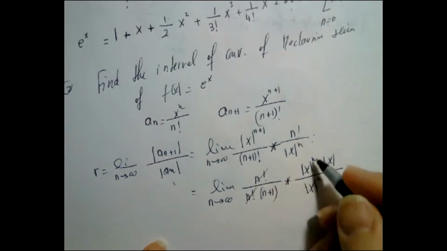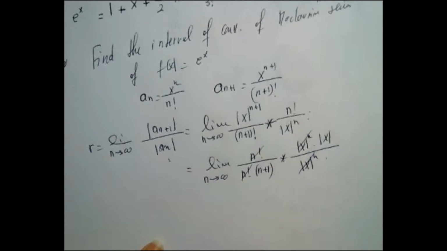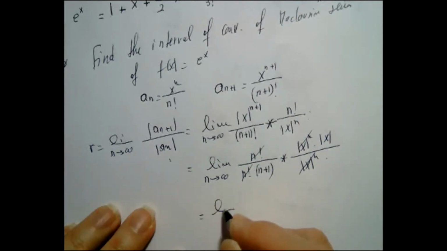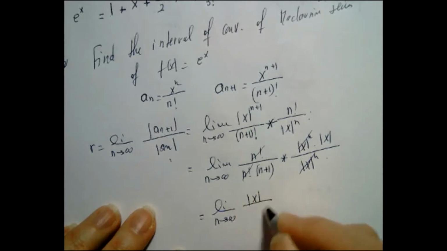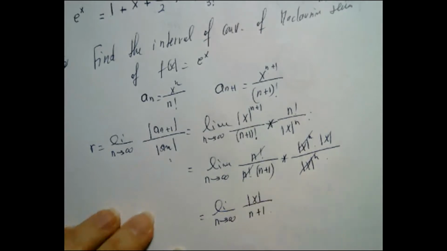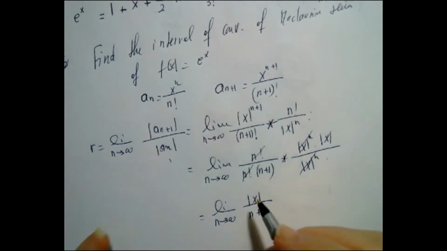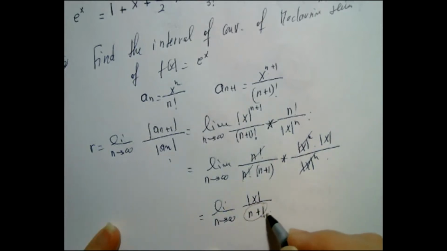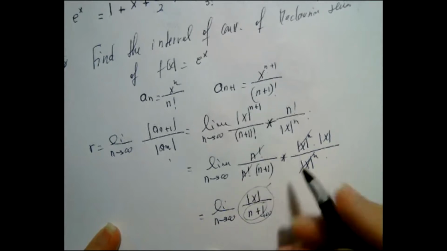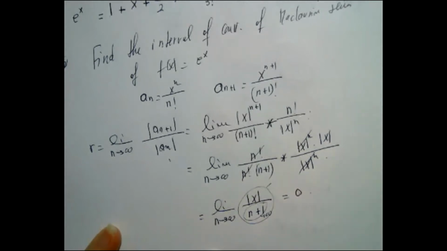Now, those simplify and those simplify. And this will give me the limit as n tends to infinity of the absolute value of x over n plus 1. Now, when n goes to infinity, this whole thing will go to 0. So the ratio is equal to 0.